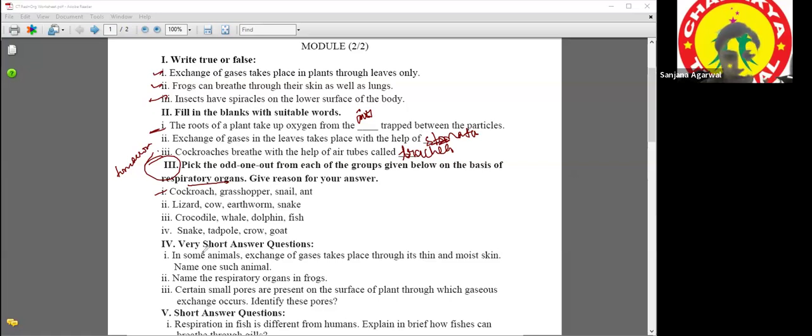Fine. Now, very short answer. In some animals, exchange of gases takes place through its thin and moist skin. Name one such animal. Okay, Rishit.